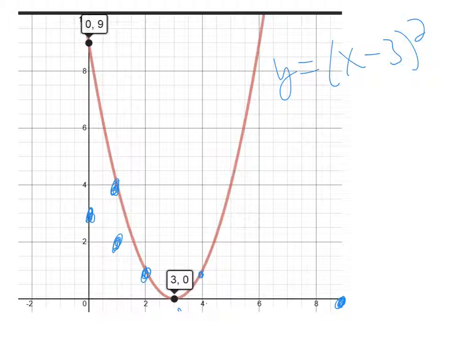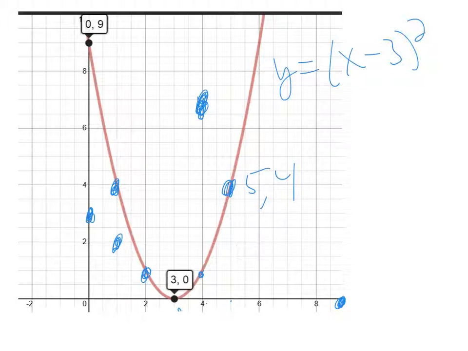That's a total of 2 points. I'm going to go up there. So that's 5, 4. So switch those. I'm going to get 4, 5. Okay, 4, 5 goes right there.